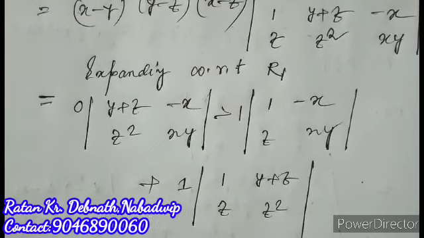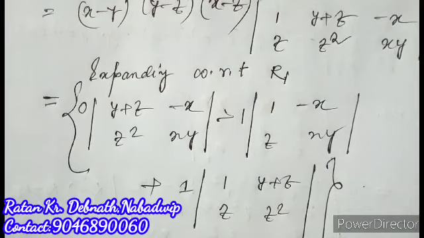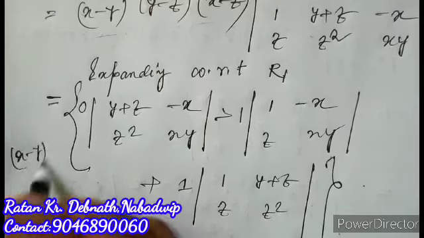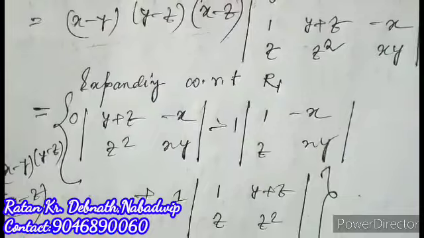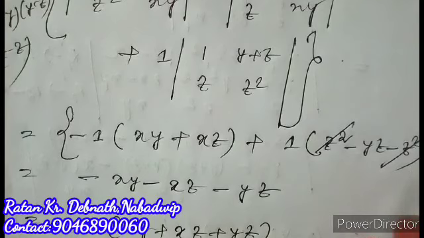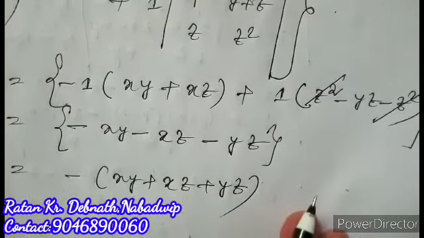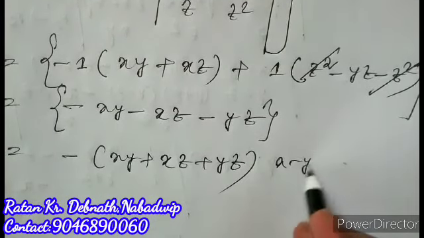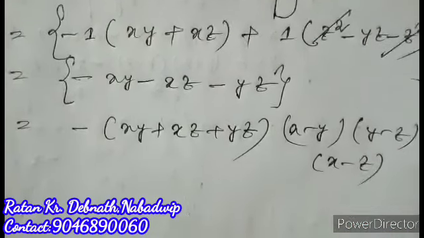I made the same mistake here. I should put a second bracket and write these three factors outside. Y minus z. I am not writing this part in this line, also writing only the last line, x minus y, y minus z and x minus z.